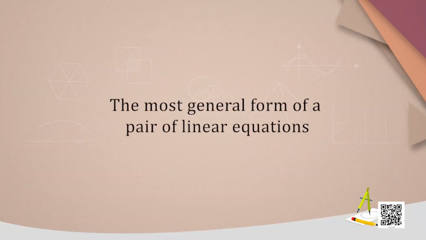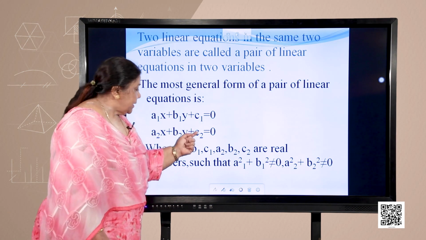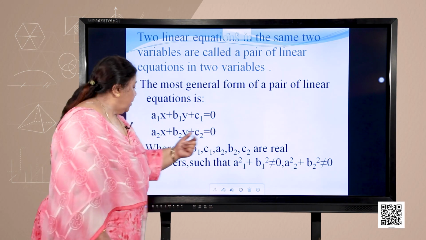Two linear equations in the same two variables are called a pair of linear equations in two variables. The most general form of pair of linear equations is a1x plus b1y plus c1 is equal to 0.